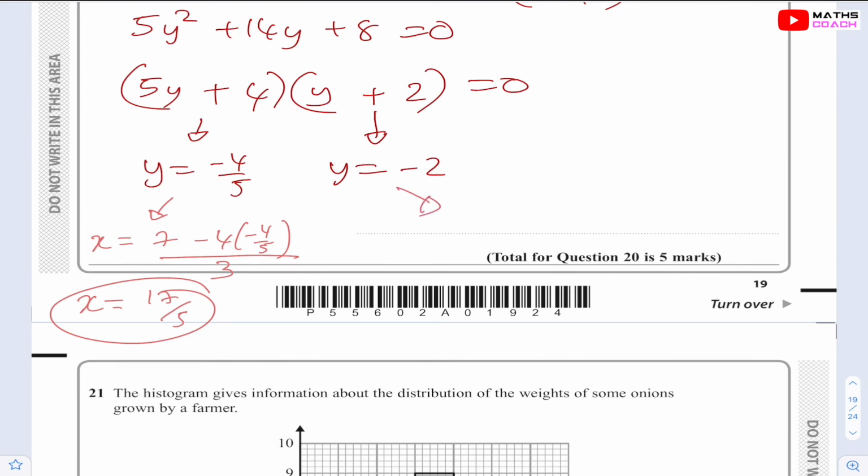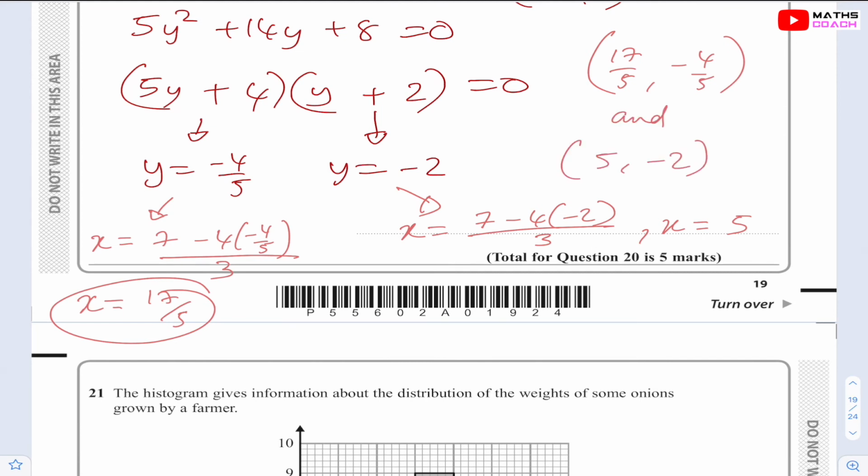As for the other one, if you sub in y equals minus 2 into the equation, you get x equals 7 minus 4 times minus 2, all over 3, so x is equal to 5. So our two coordinates are 17 over 5, minus 4 over 5, and 5, minus 2. So these are the solutions to our simultaneous equations.